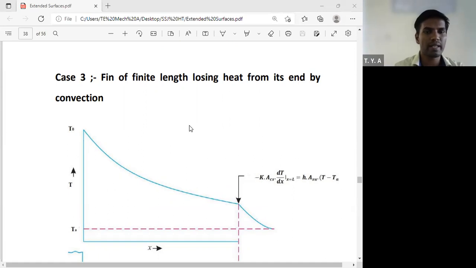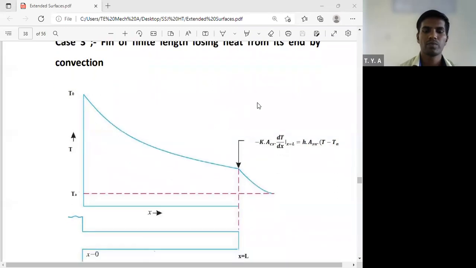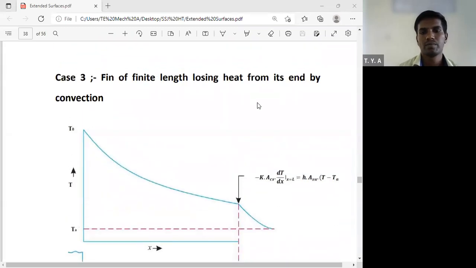So in that case we have to consider a fin of finite length losing heat from its end by convection.